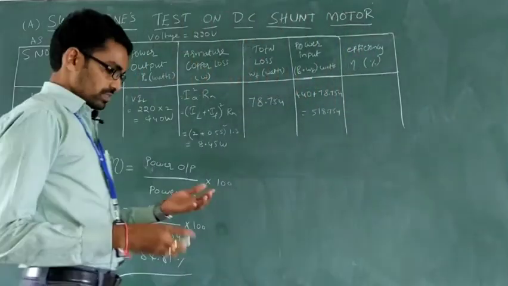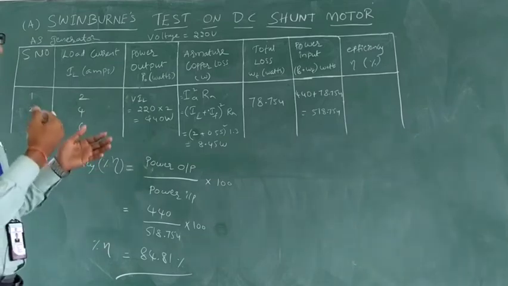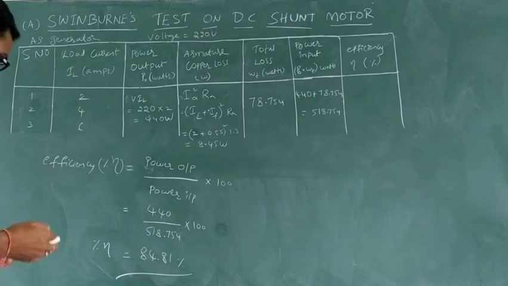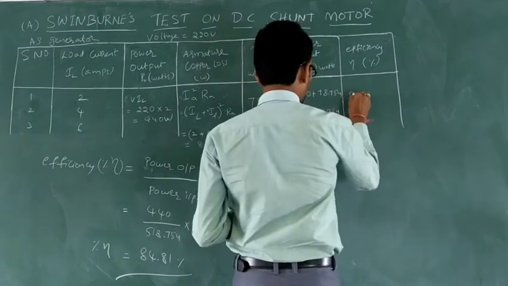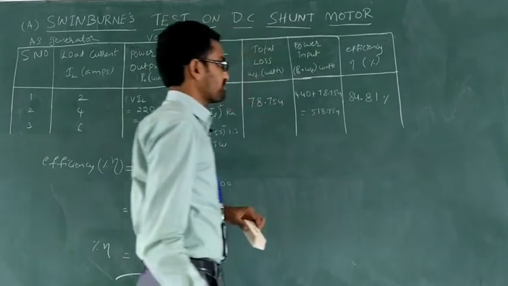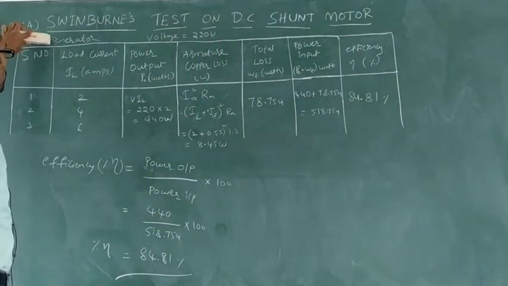So now I am considering that machine as a motor, and then I am going to calculate all these things. So here the efficiency we have got is 84.81 percent. Now I will take the motor readings.